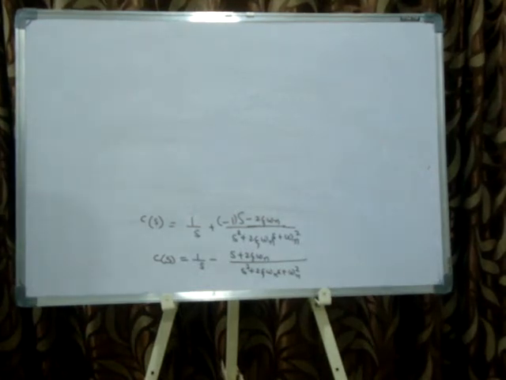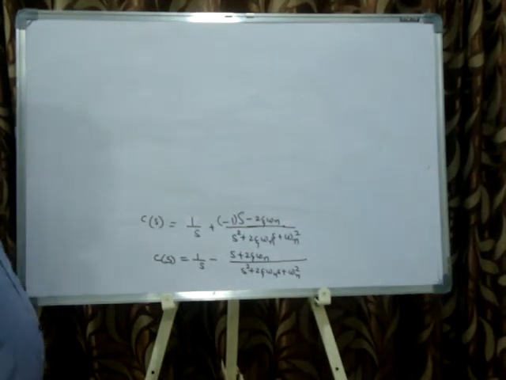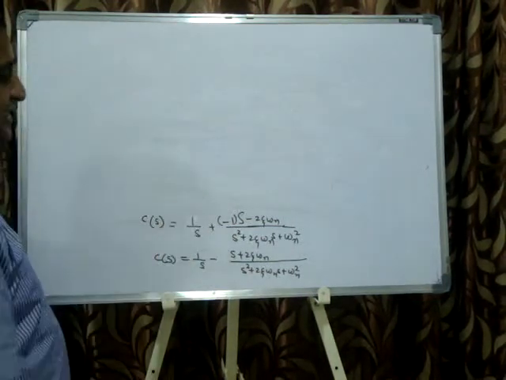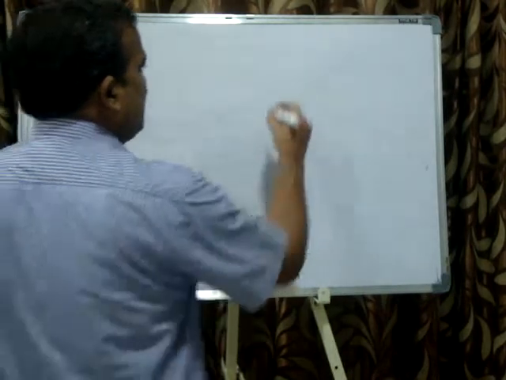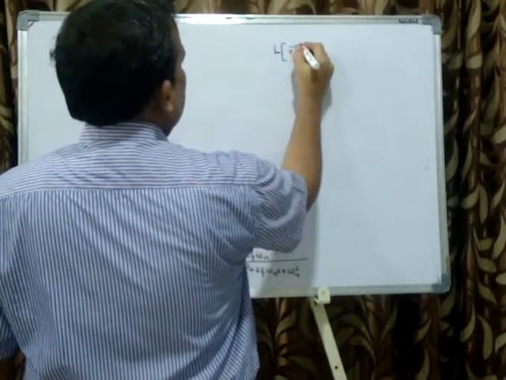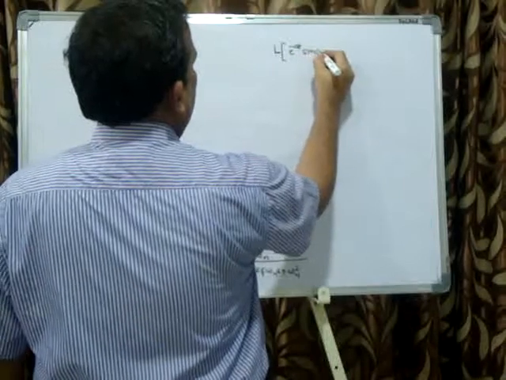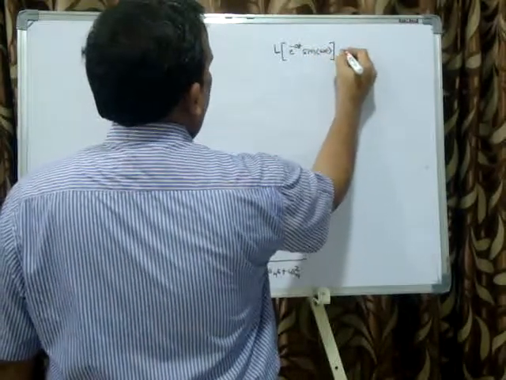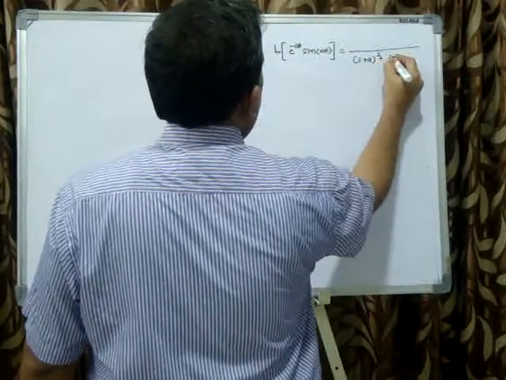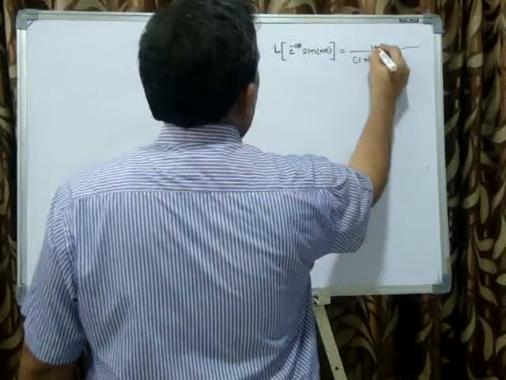Now, may I take the inverse Laplace? But you have to see the standard form of Laplace transformation. For example, Laplace of e raised to minus a t sine of omega t equal to omega divided by s plus a whole square plus omega square, and the numerator is omega.